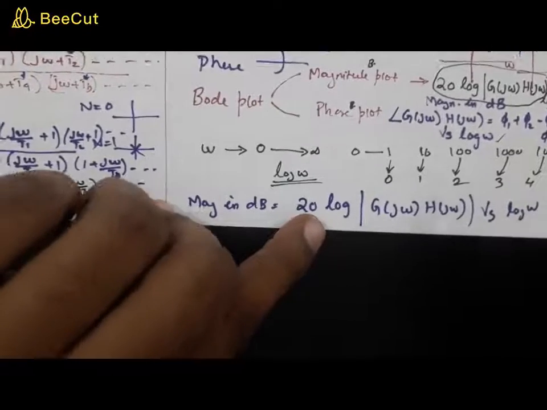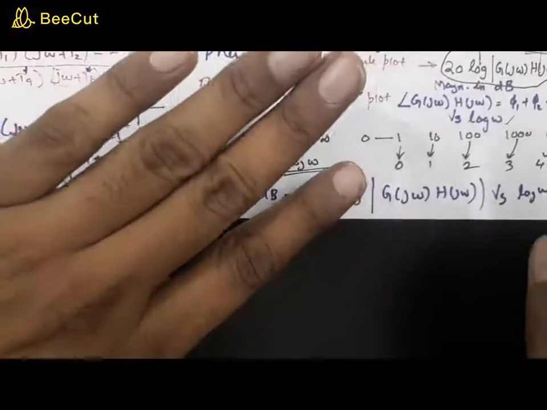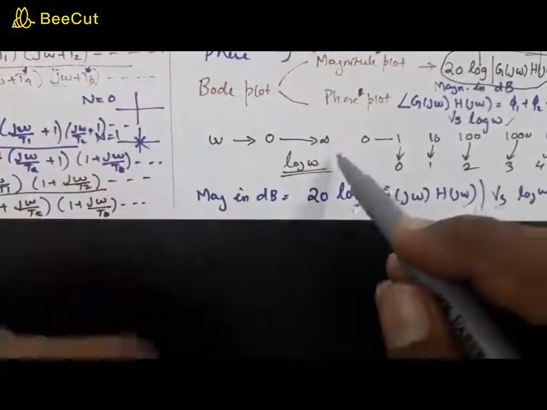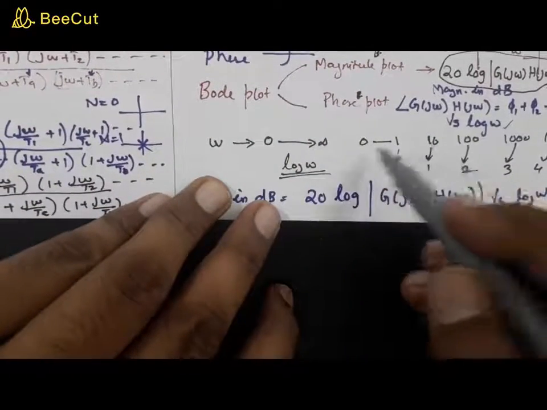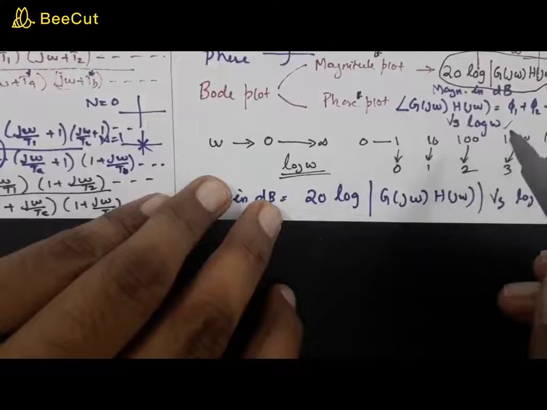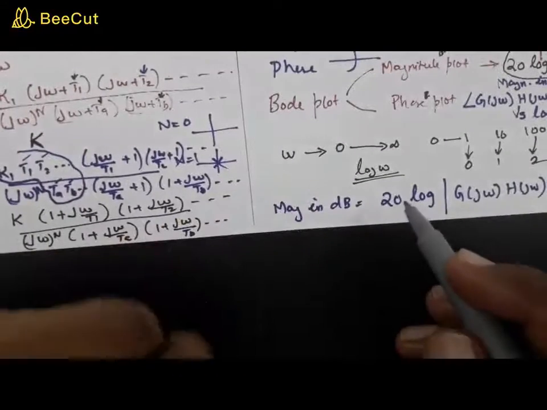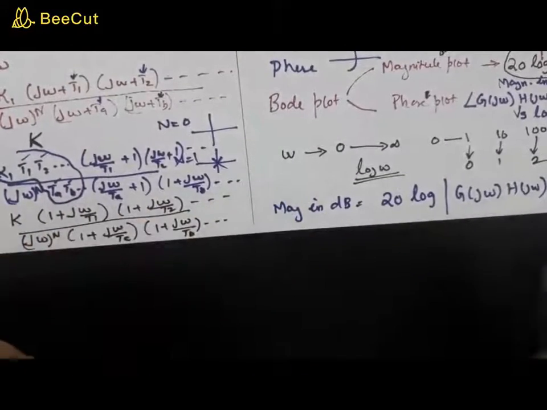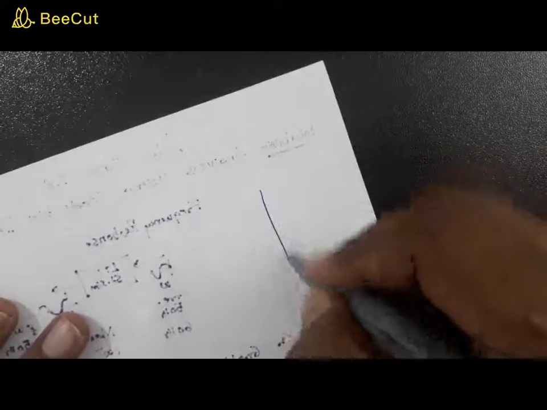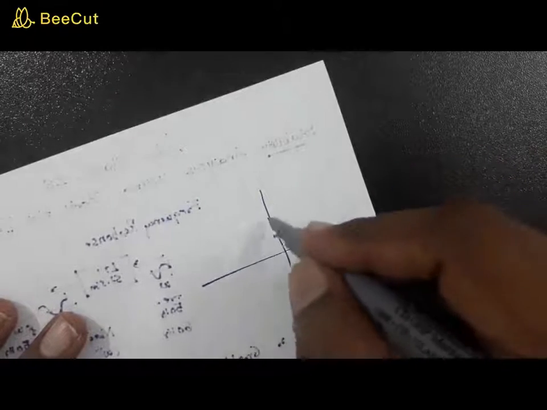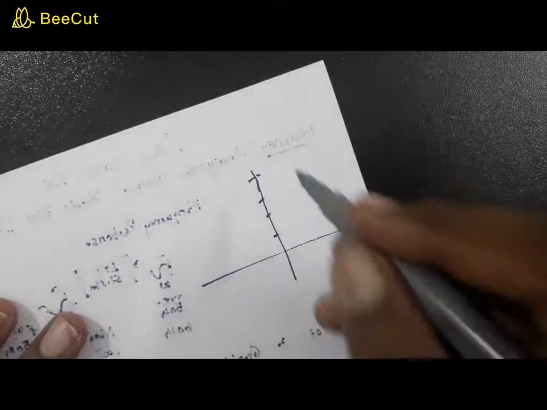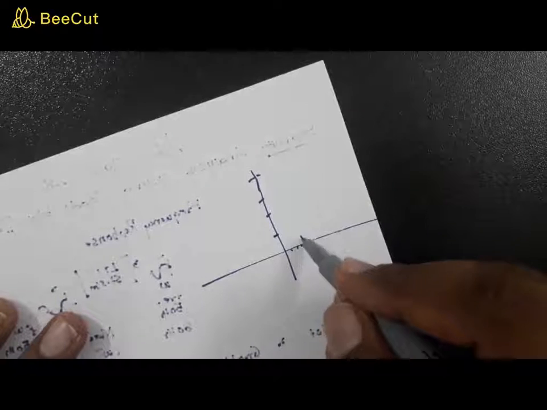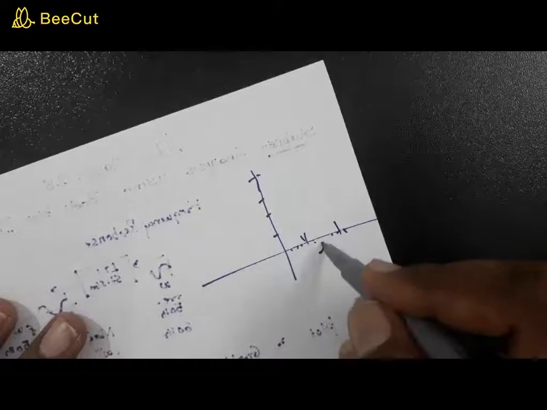Now that means if omega is this, you cannot plot this in a normal graph. So to plot such log omega, you need a graph, something like this. You need a graph with one axis as a normal graph and the other axis in a logarithmic scale.